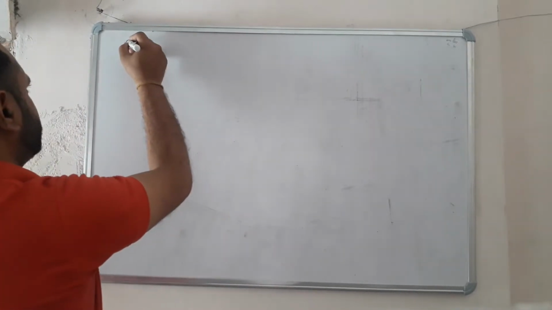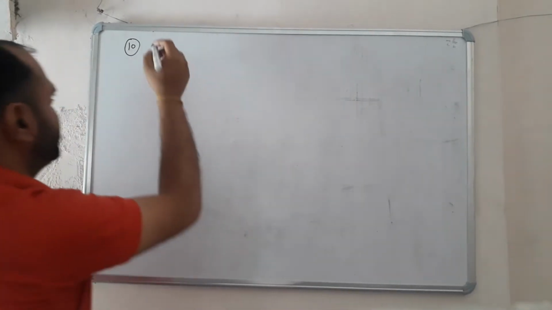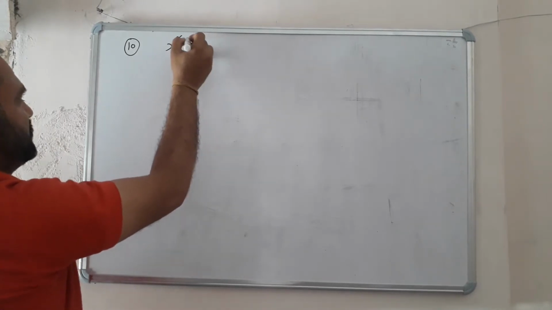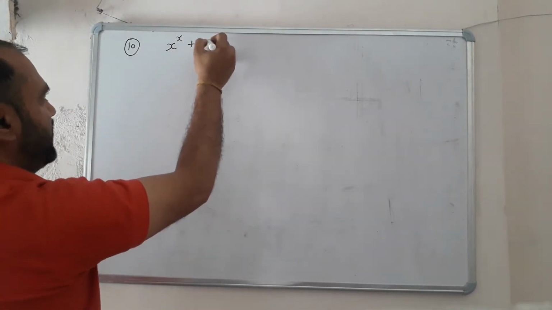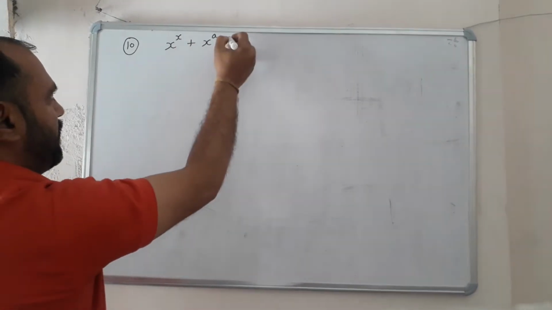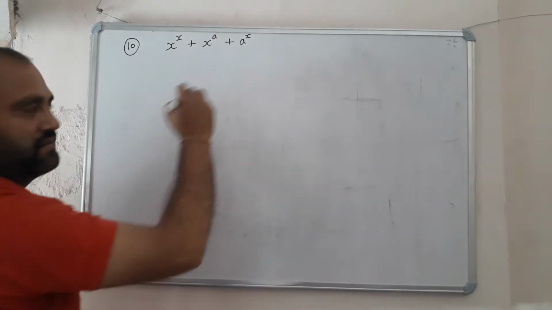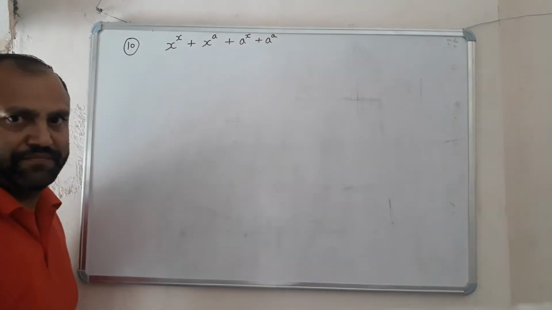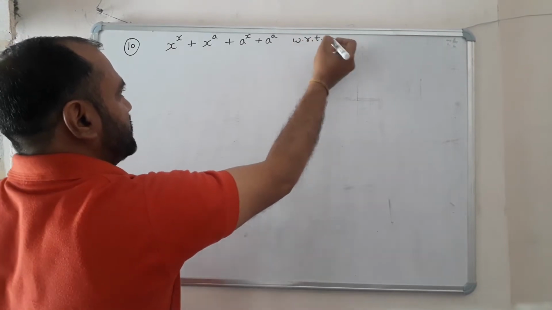So the question number 10 is: differentiate x raised to the power x plus x raised to the power a plus a raised to the power x plus a raised to the power a with respect to x.